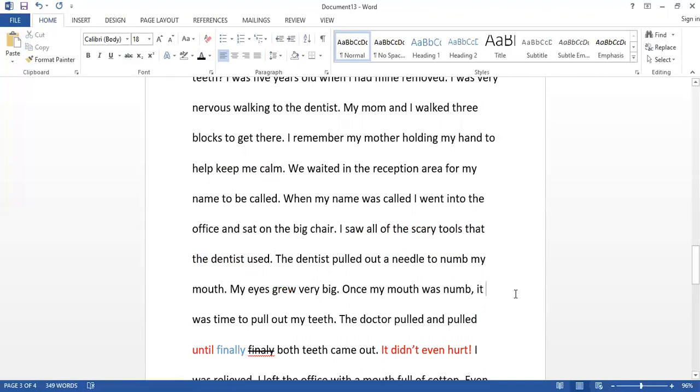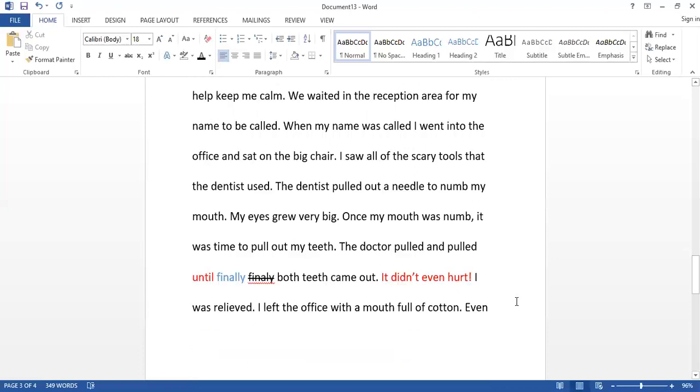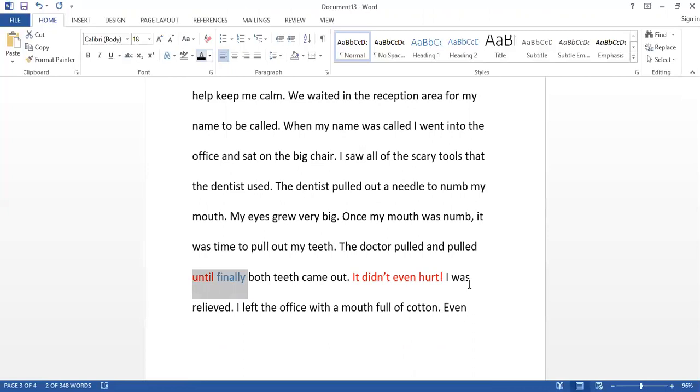Once my mouth was numb, it was time to pull out my teeth. The doctor pulled and pulled until finally both teeth came out. I'm going to get rid of "finally" because it was spelled wrong, and I'm going to change the font color here.